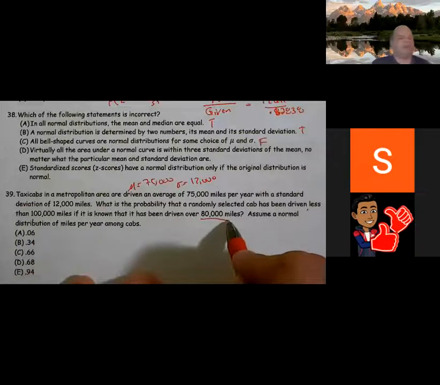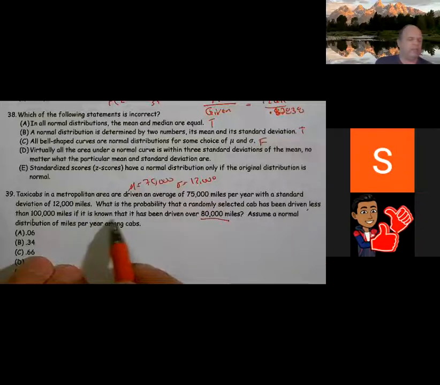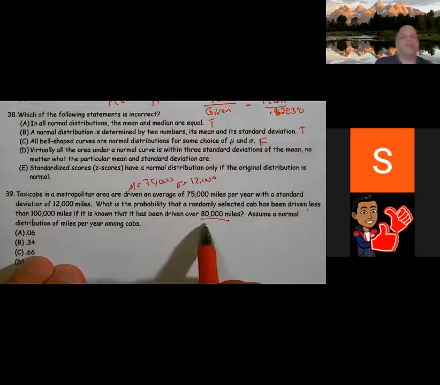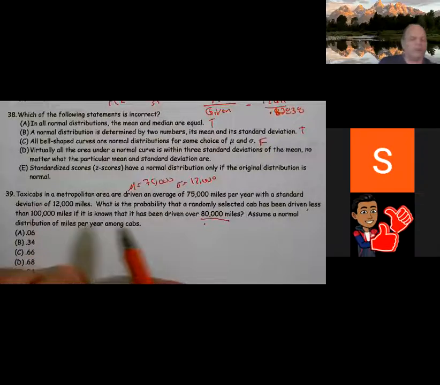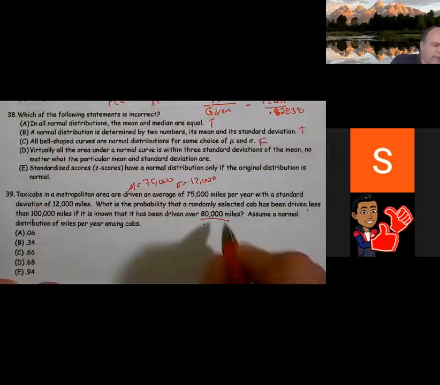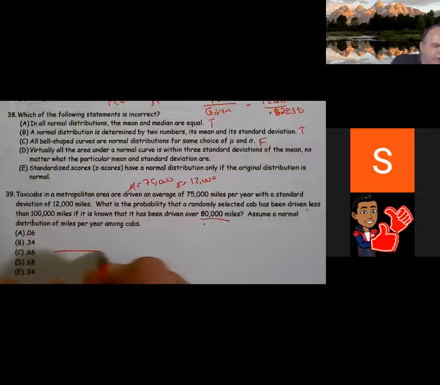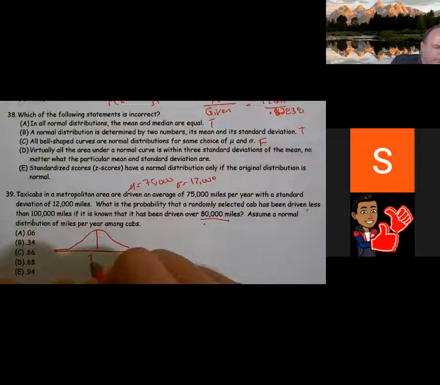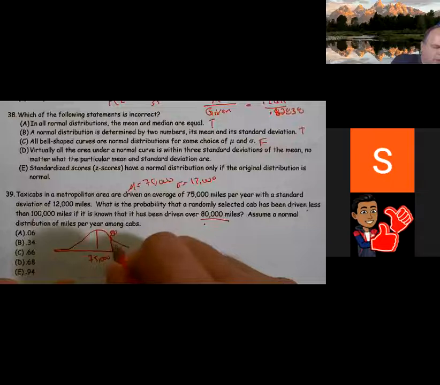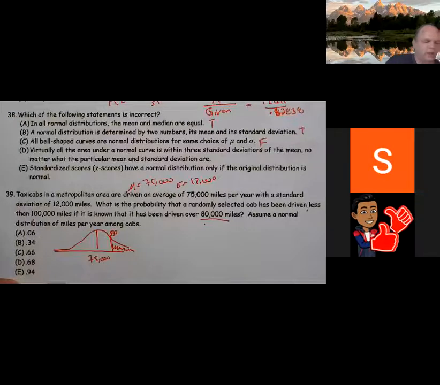So basically, once again, we have a given situation. Given that it was driven over 80, what is the likelihood that it was less than 100,000? So let's draw our graph for the given part because the given is always in the denominator. This is the 80, and we're up this way.